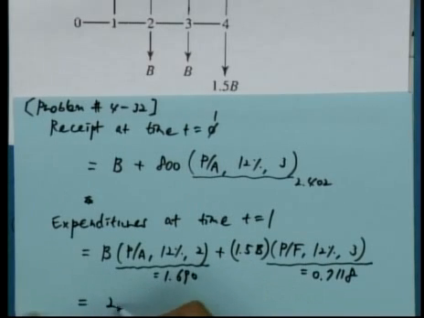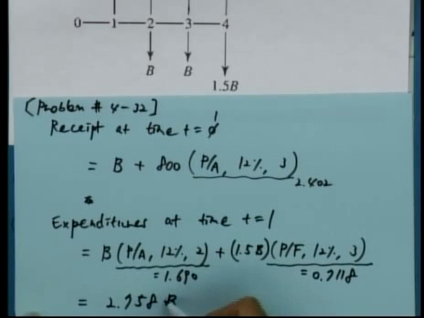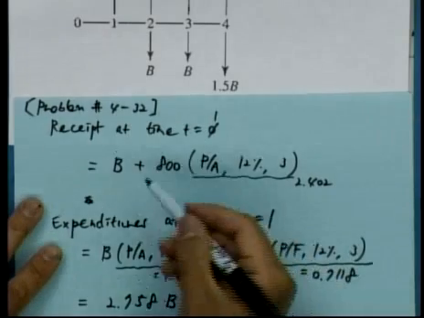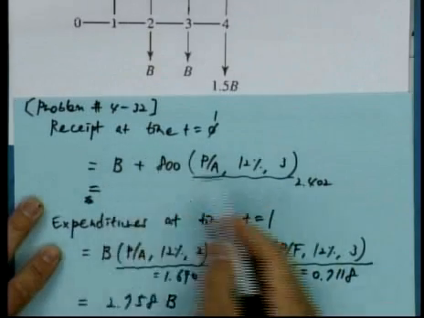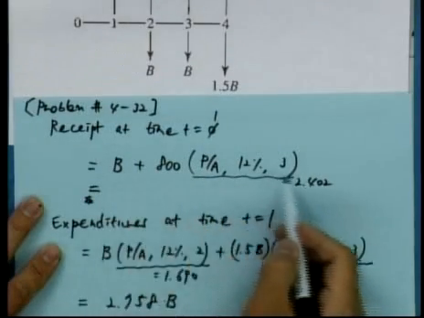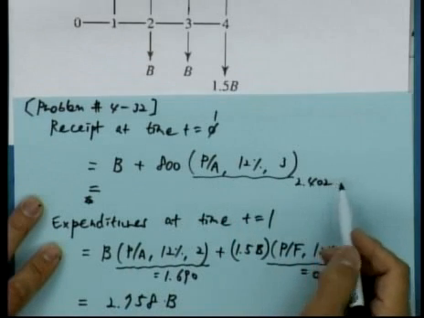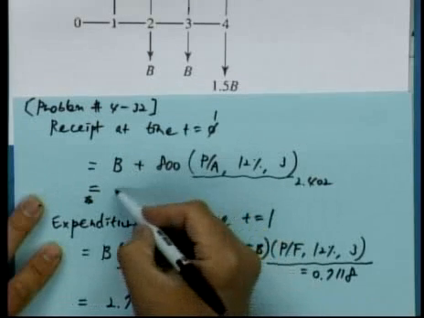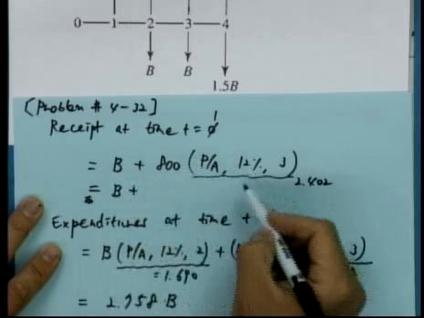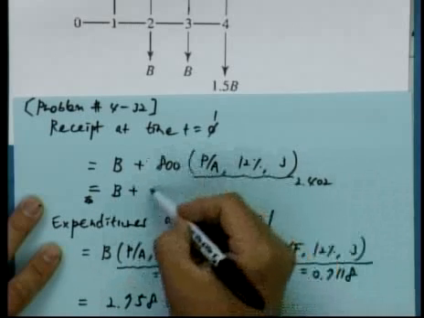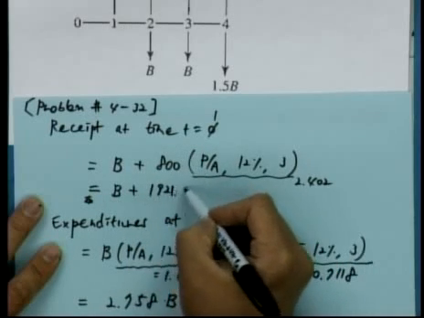That's going to be 2.758 B. Okay? Oh, and I forgot to provide you the reset. Time t equals 1. That's going to be B plus this value is 1921.6.